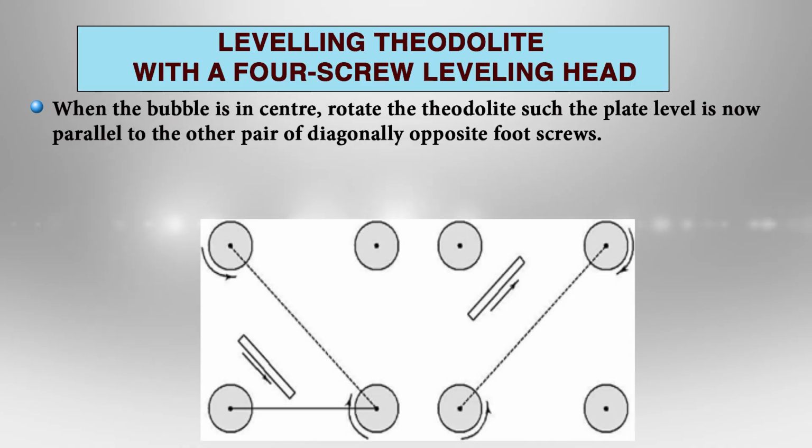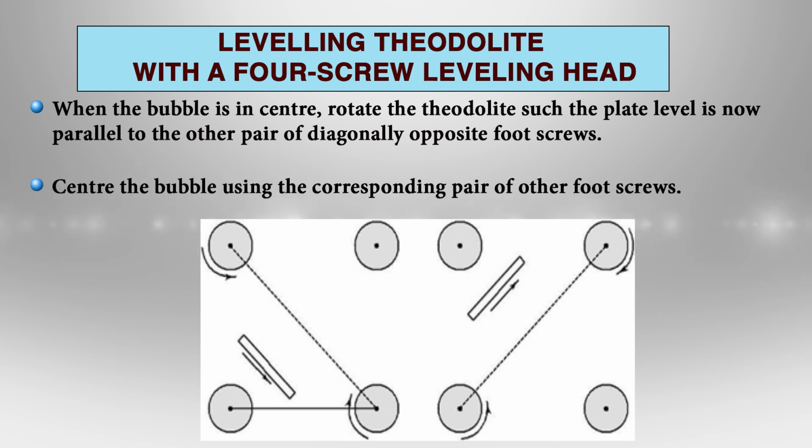When the bubble is in center, rotate the theodolite such that the plate level is now parallel to the other pair of diagonally opposite foot screws. Center the bubble using the other pair of foot screws.